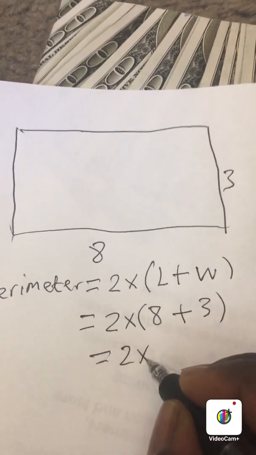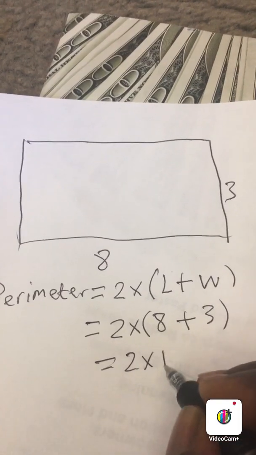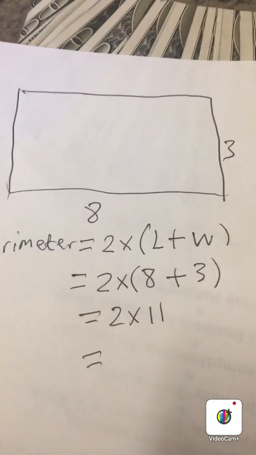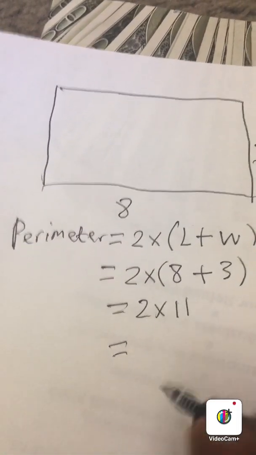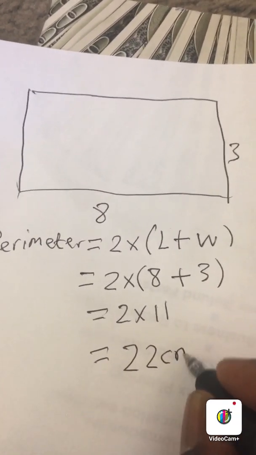So you have 2 times, do this one first. 8 plus 3 gives us 11. So which means that the perimeter is 2 times 11, which is 22 centimeters.